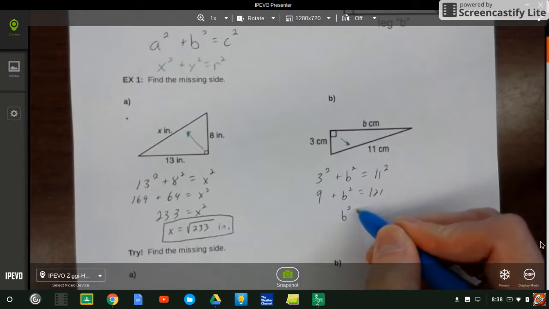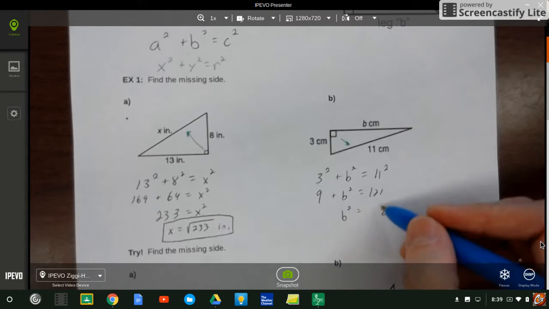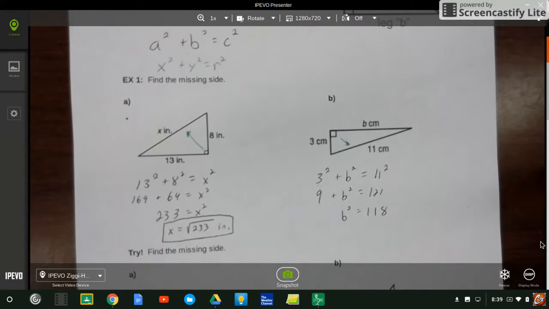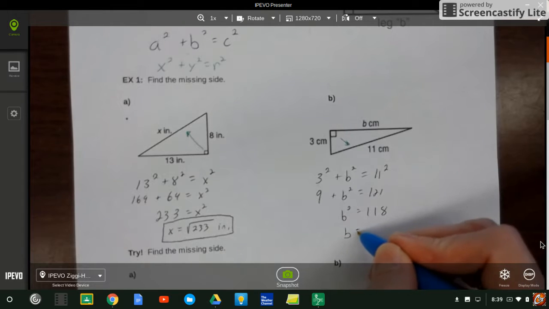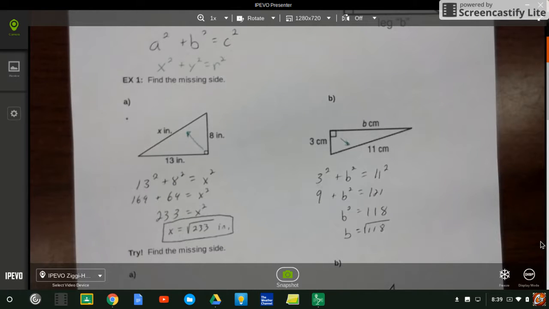And now I'm going to subtract 9 on both sides. Let's see, that's going to leave me a 1. I believe that's 118. Double check my arithmetic. I'm doing that in my head. And now we take the square root of that. Now the square root of 118, I'm pretty sure I can break down somehow. So let me grab my calculator real quick.